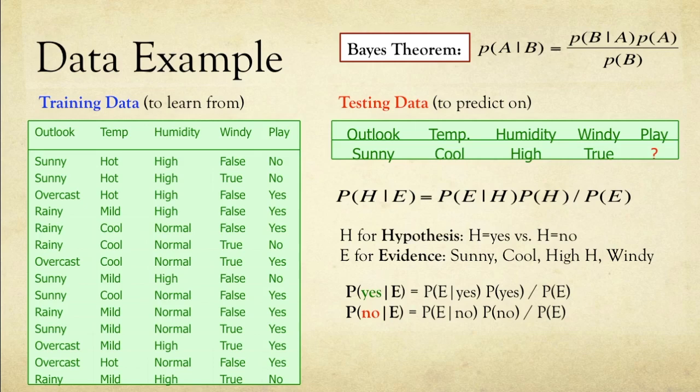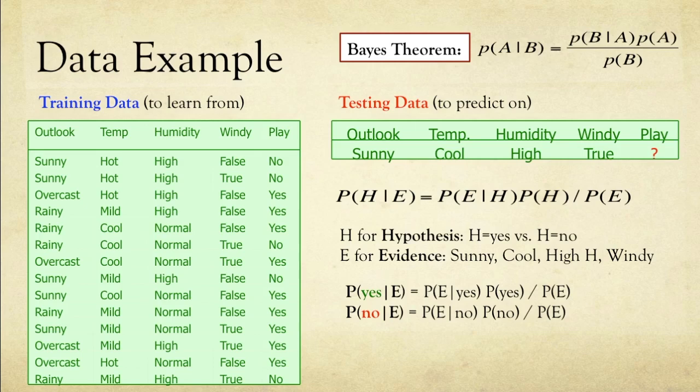Now, as you notice, P(E) is a common denominator in both equations, and it impacts both values proportionally. But it will not change the relation between the two probabilities, and therefore P(E) can be ignored from the equation. Because P(E) changes both values in the same proportion, if P(yes) is greater than P(no), P(E) is not going to change that relation.